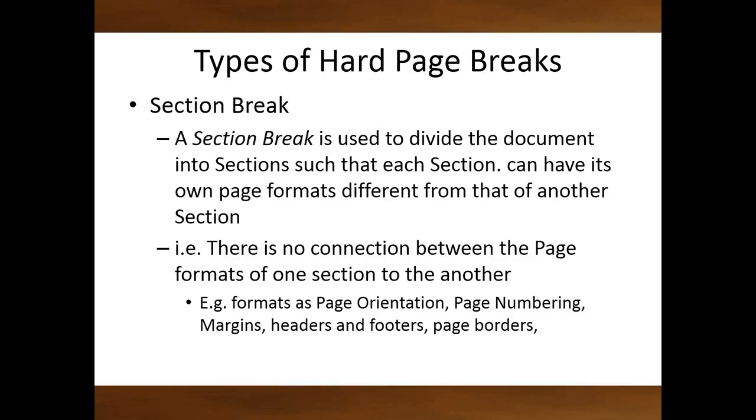So here we break our document into sections, or partitions. But with this kind of partition, there is no connection between the page formats of one section and the other sections.